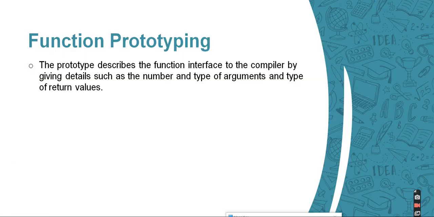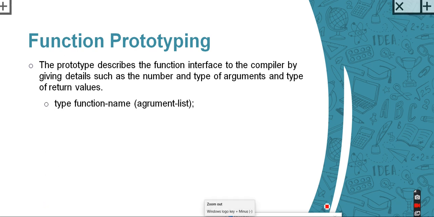So we have just seen what is function prototyping. Let's take our same example: type, function name. This is the return type, what the function is going to return. As in our case, my function doesn't return anything, right? So we need to provide void in that case. What is the function name? We have given the function name print hello world.